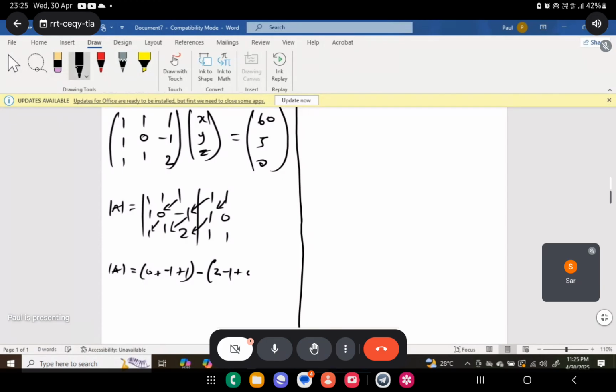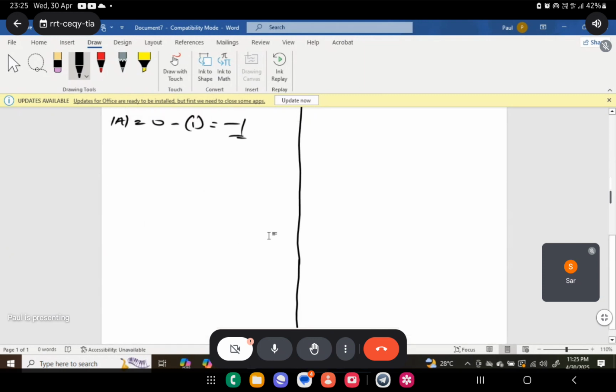So from here we get our main matrix: 0 plus negative 1 plus 1 gives us 0, minus, here will give us 1, which gives us minus 1. 2 minus 1 is 1. Then 1 times 1 will give us minus 1. So our main matrix is minus 1.